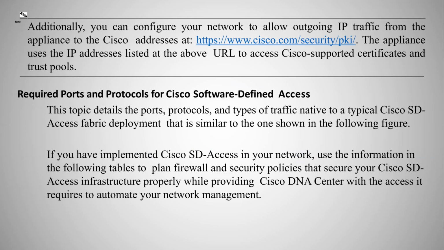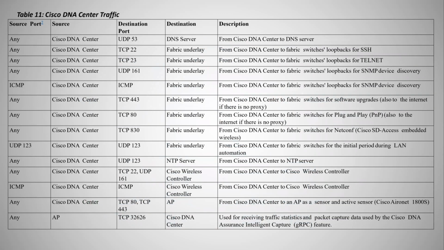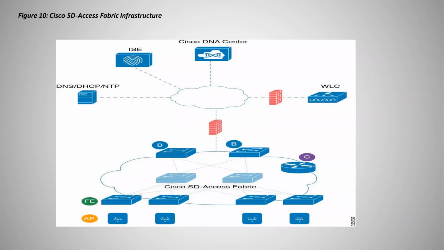And if we are using DNA as an SD-Access solution, you can see when we are defining the border, control and edge nodes, etc., then there are some other requirements as well. For SD-Access, we have two dedicated classes. So we'll discuss SD-Access in that particular session. Day 9 and 10, I think, is for SD-Access.